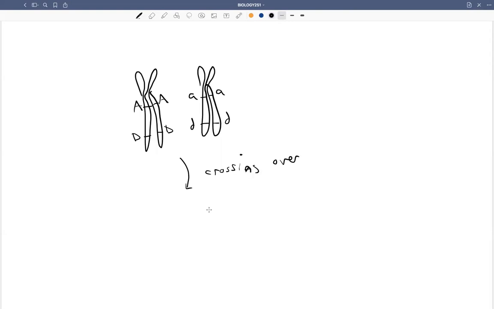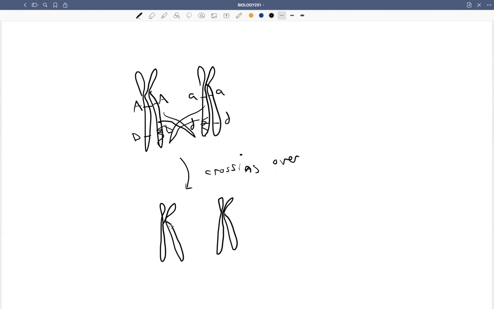I think I'll show the result of crossing over. So we saw the process where these two chromosomes can switch parts of themselves.